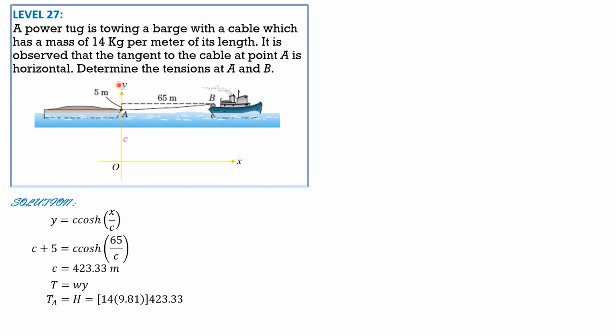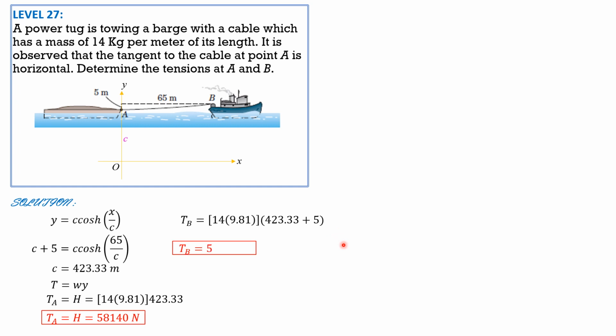Y at point A, the lowest point, is just C. So tension at A is H, 58140 newtons, while at B the Y is C plus 5. So tension at B is equal to 14 times 9.81 times 423.33 plus 5. So tension at B is equal to 58830 newtons.